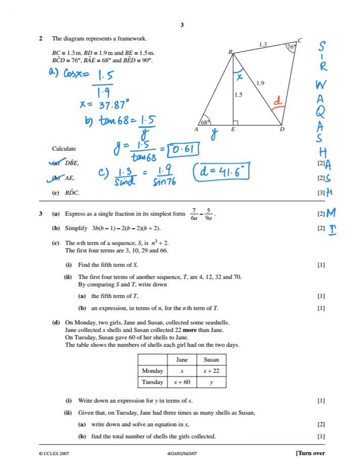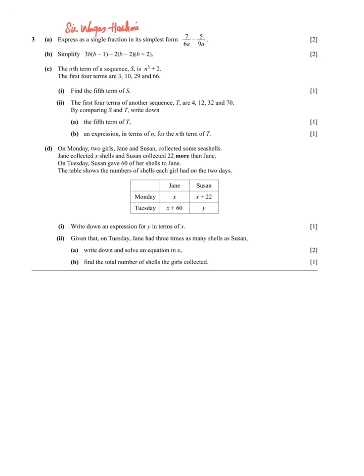That is your answer. Question number 3, part A says express as a single fraction, and we have 6a and 9a in the denominator. So I will take the LCM of 6a and 9a, and now 7 multiplies with 9a minus 5 multiplies with 6a. 7 9s are 63a minus 5 6s are 30a divided by 9 6s are 54a square. 63 minus 30 is 33a divided by 54a square.